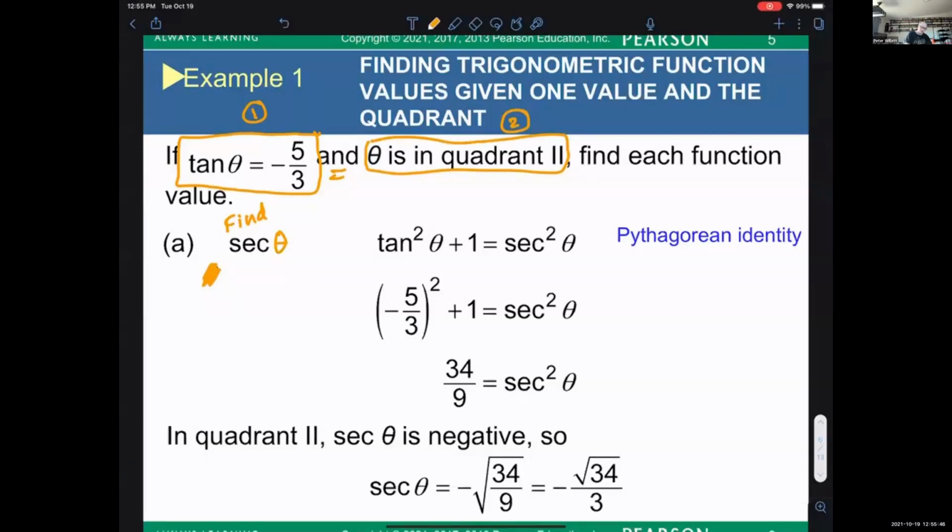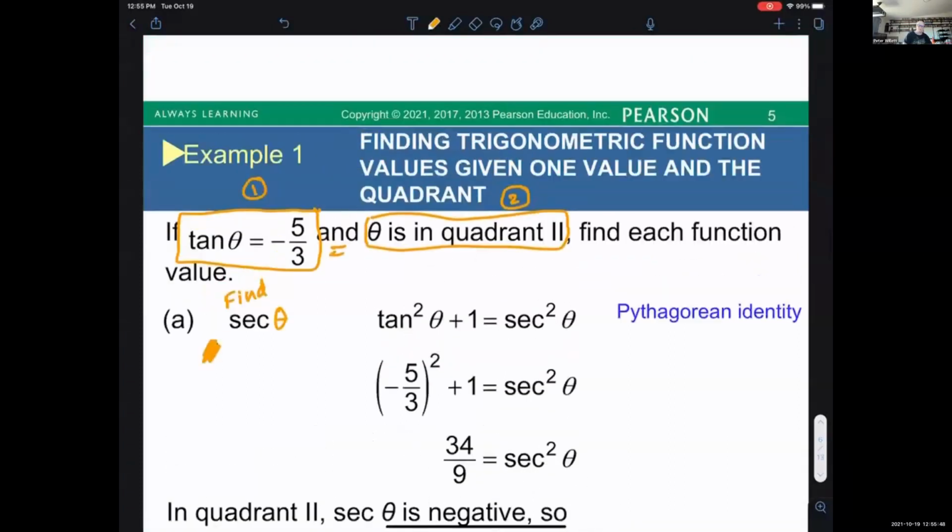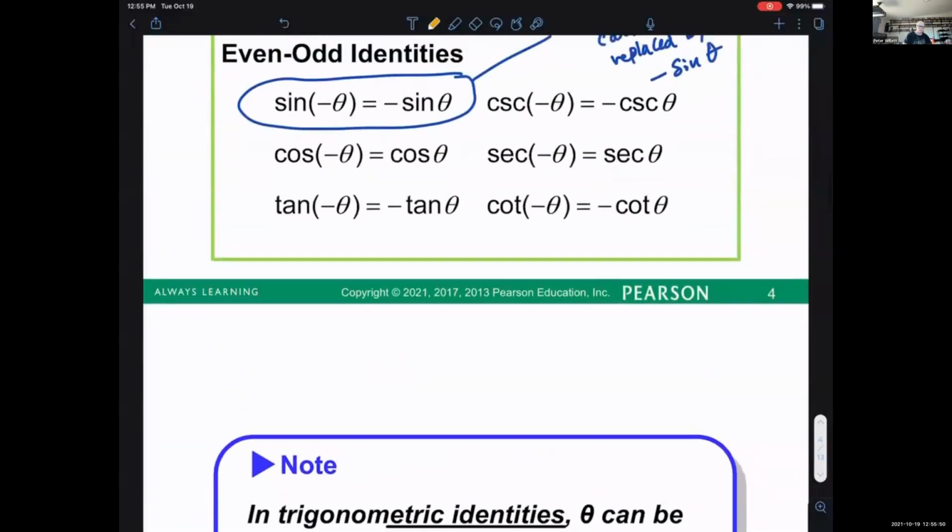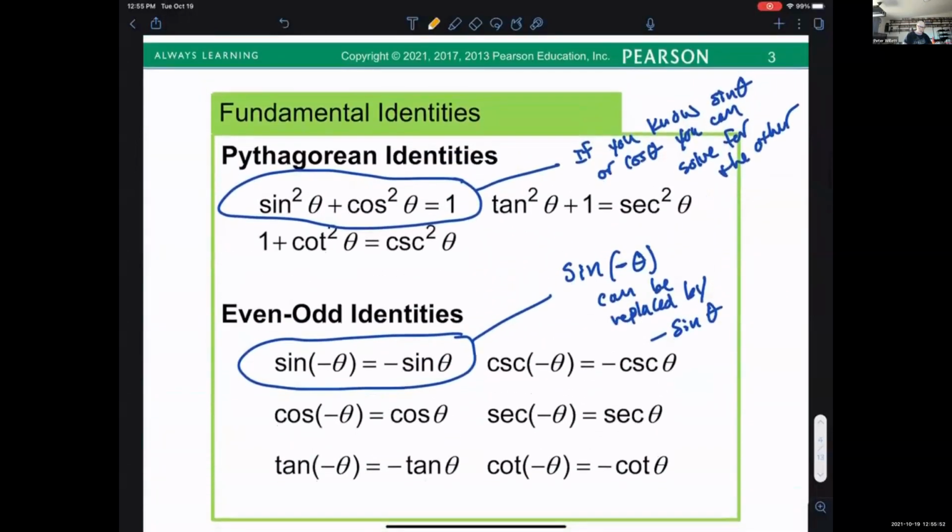We were told tangent, we want secant. So as I was saying with sine and cosine in the Pythagorean identities, if you know sine or cosine, you can solve for the other. So in the problem we just looked at, they told us tangent and they asked for secant. So notice this second Pythagorean identity here.